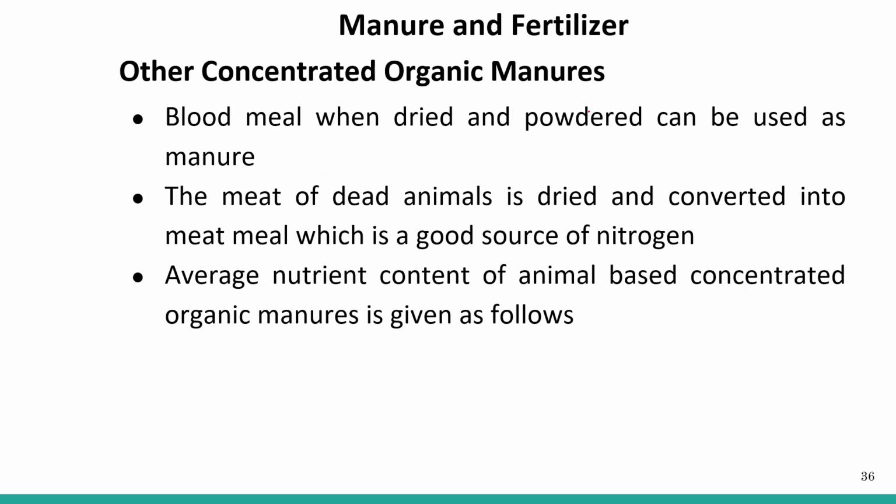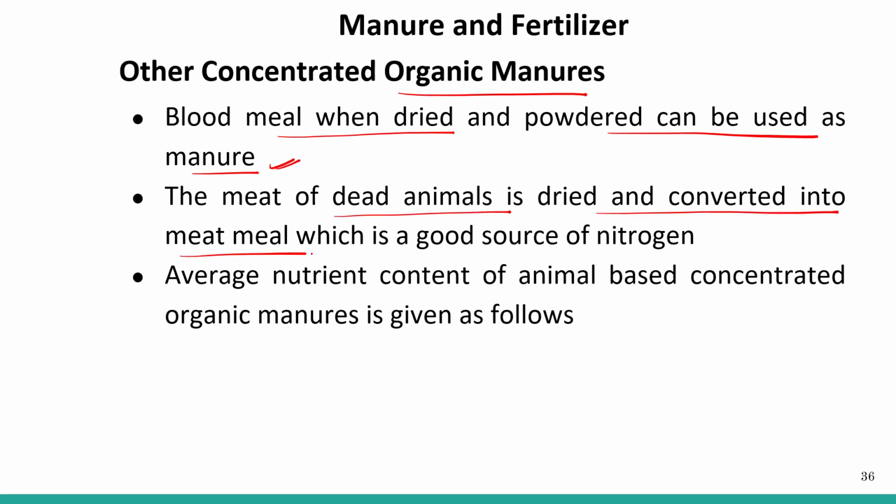Other concentrated organic manures include blood meal, which when dried and powdered can be used as manure. The meat of dead animals is dried and converted into meal, which is a good source of nitrogen. So the blood meal can be dried and converted into manure.